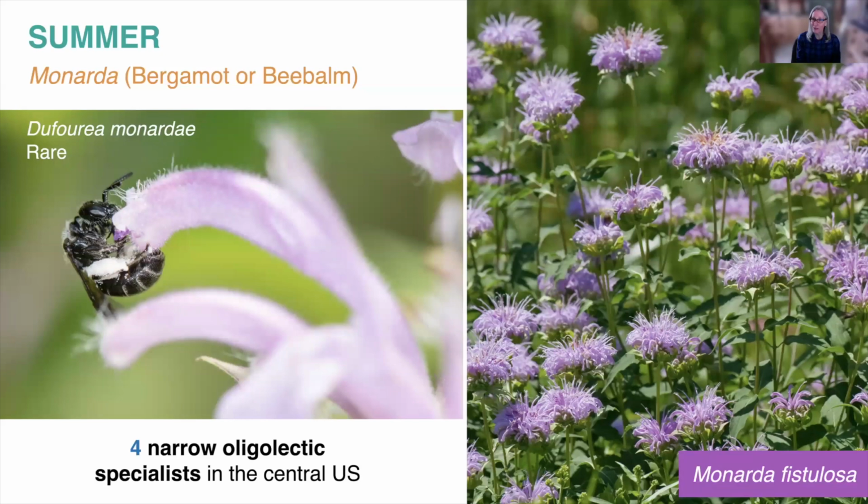You need to look very closely for the specialists, because this tiny black bee will be hanging out on the end of those long flower corollas, collecting the flower's pollen. I want to note that the other Monarda specialists also specialize on Monarda punctata, or the dotted horsemint or spotted bee balm. And those include one species of fairy bee.